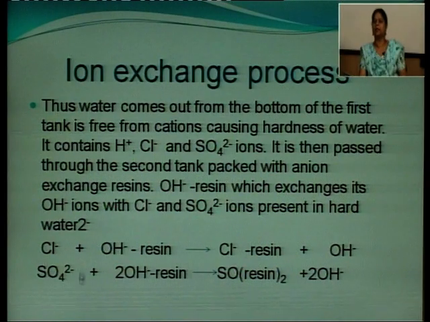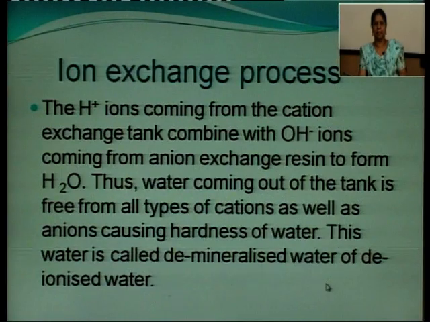Now, these are the chemical equations for when the water is passed through anion exchange resin. When chloride or sulfate ions pass through anion exchange resin, the resin gets attached to chloride or sulfate; here it should be 4 in sulfate. And we get in water only the hydroxyl ions, or OH ions.